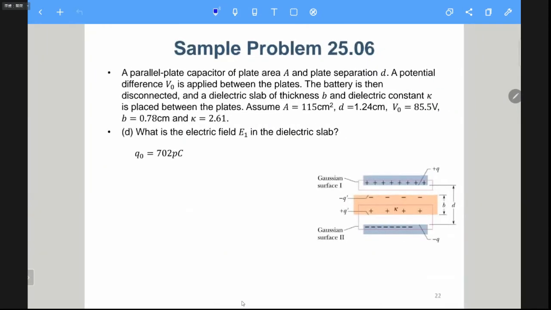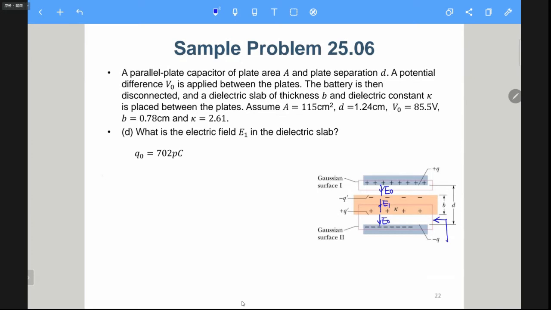So next, it asks, what is the E field in the dielectric slab? E0, we just found it. There will be another E1 inside the dielectric. Of course, E1 will have a magnitude smaller than E0 and with the same direction, as I mentioned before. So now we apply the Gauss law for the Gaussian surface 2.